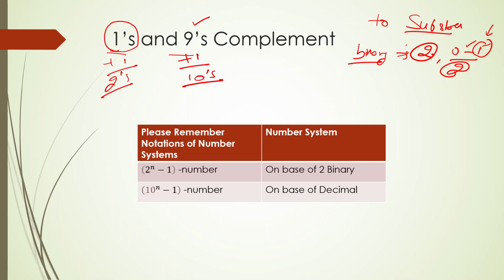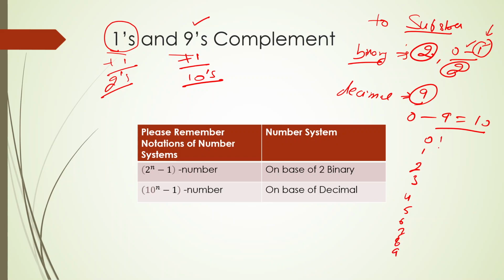In decimal, I have explained that 9 is the maximum. 0 to 9 are 10 numbers, right? For example, 0, 1, 2, 3, 4, 5, 6, 7, 8, 9. Count it: 1, 2, 3, 4, 5, 6, 7, 8, 9, 10. So this 0 is itself a number which will be counted as a 1, right? So decimal numbers go from 0 to 9.